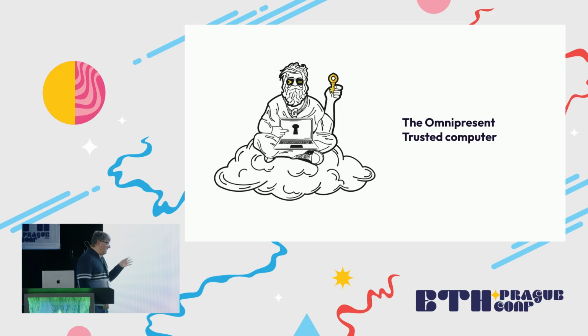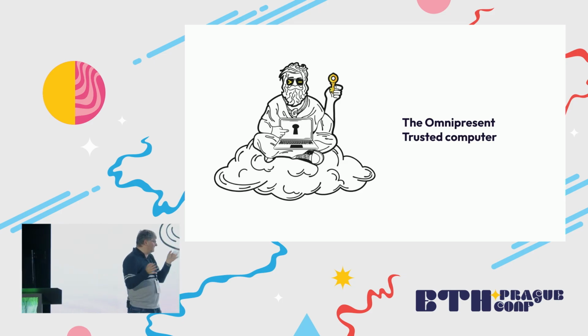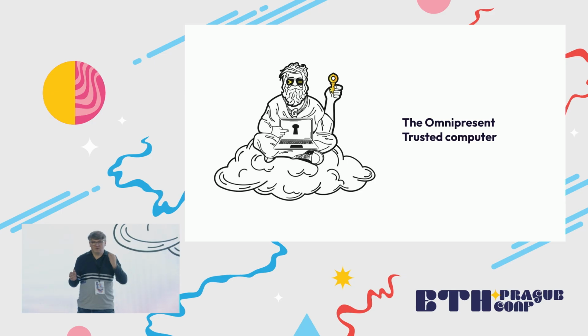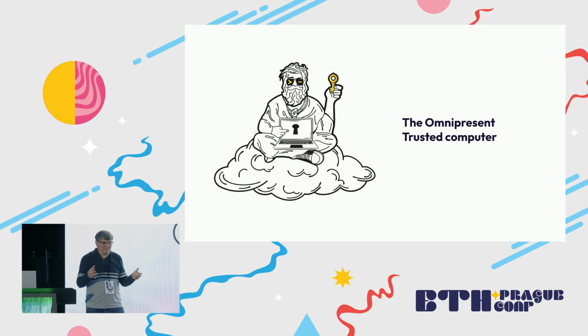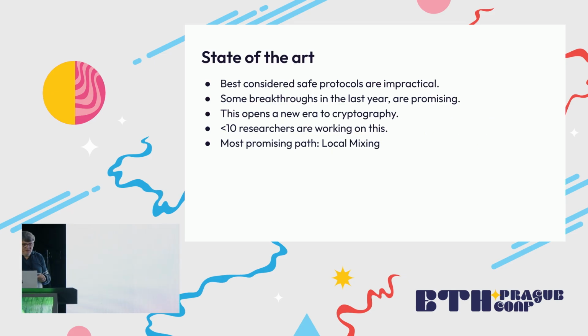This is why sometimes it's called the God computer, or if you want to be more politically correct, the omnipresent trusted computer, because it's not a service. It's a computer that everybody can run. It's a computer that's everywhere, and actually it's God because it has a key that nobody knows, but it can execute things on that. So that's the nice thing about this protocol.